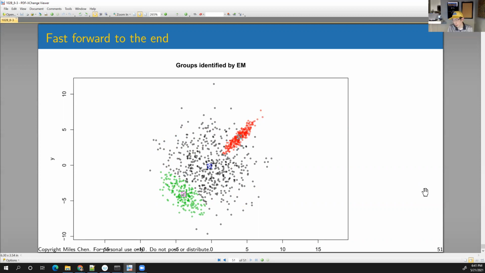The hope is that if you run a whole bunch of these, a lot of them will end up with the same clustering assignments, and then you can go with the ones that ended up most common as far as these multiple different starting seeds went.